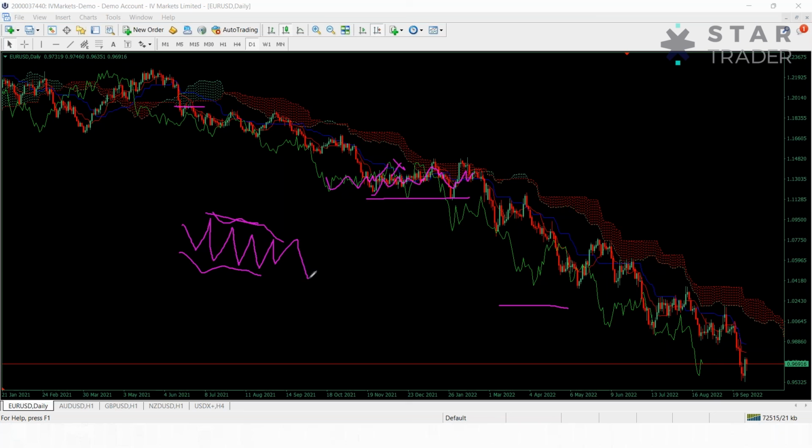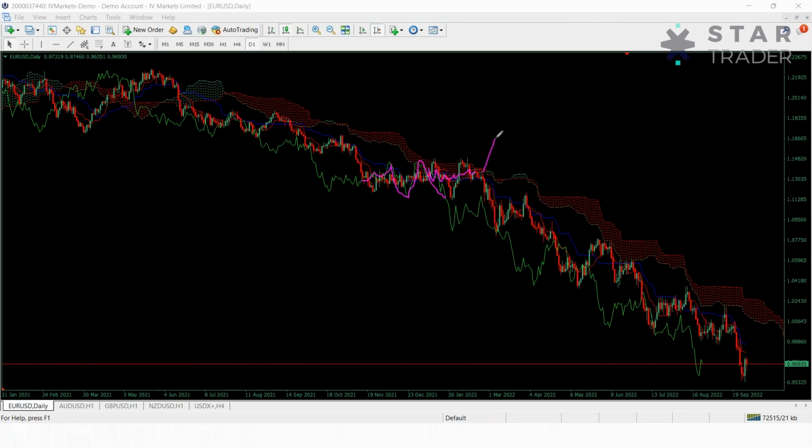You have to wait for the proper direction, because it is quite possible that, as you can see, the Chikou span was also playing here. It was going above, going down, going above, going down, and the market was in between the cloud. So there was a possibility that the trend would shift from bearish to bullish, and also a possibility that the market would shift again towards bearish.